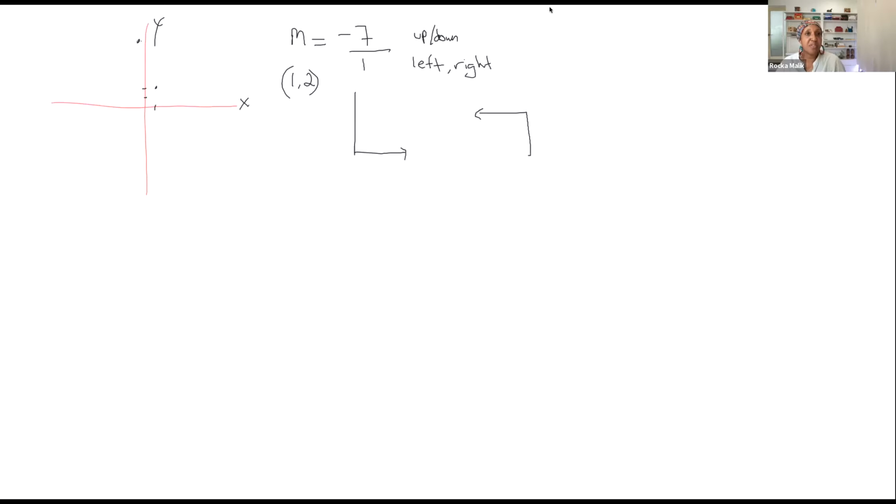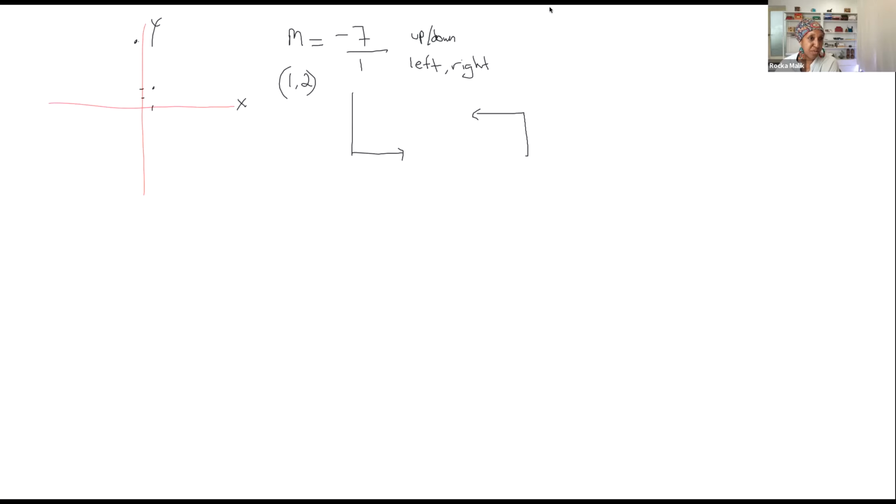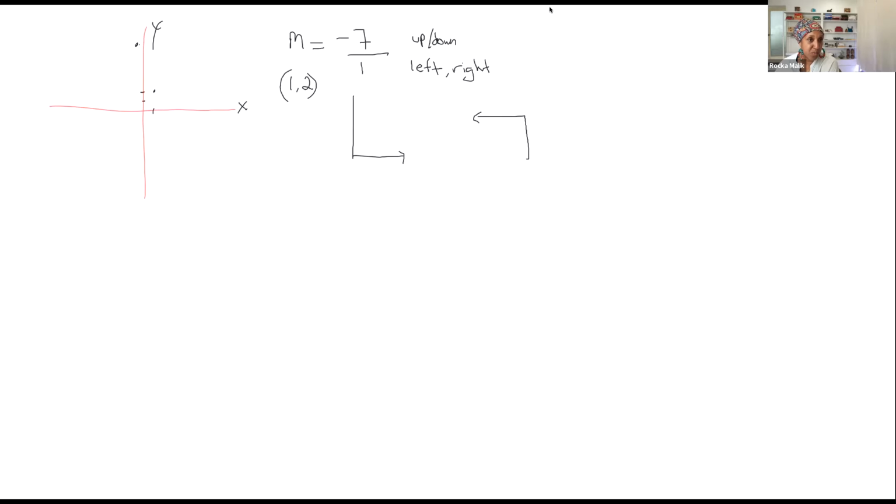But if I go down 7, then I want to go to the right 1 because when I connect my points, it's still really down. Okay, thank you. That makes sense now. Yeah, no problem. Okay, pretend like I hit all the dots.